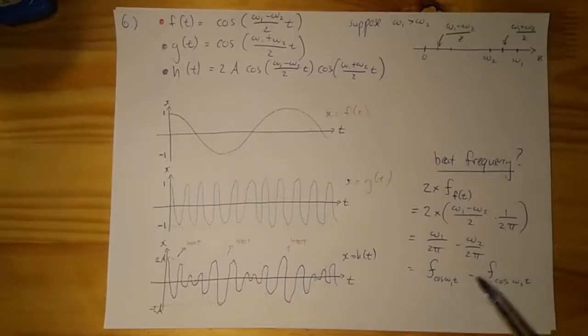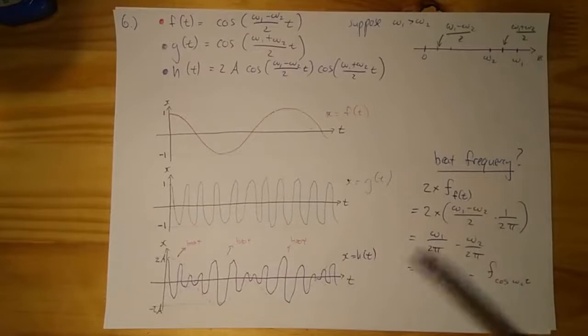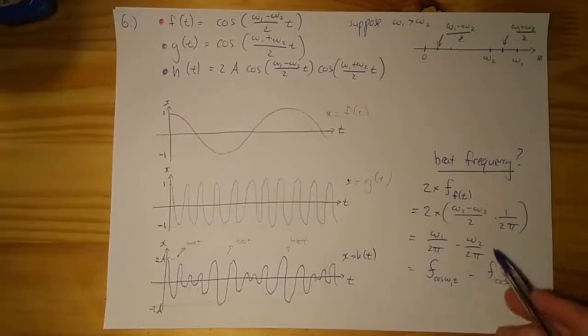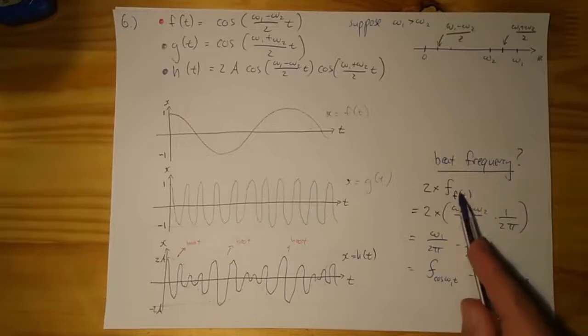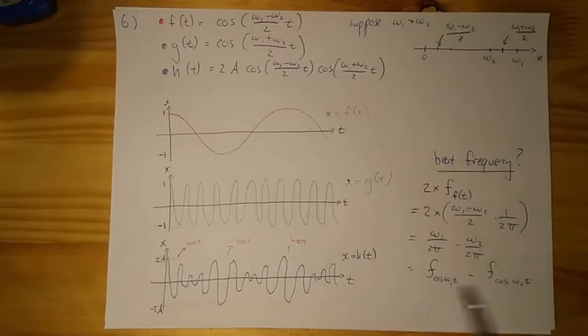That means, what that's telling us is, let's say you've got a fairly high frequency sound, like 100 hertz. If you have 100 hertz and you've got another sound that is 101 hertz, then the beat frequency that you're going to be hearing is going to be 1 hertz.